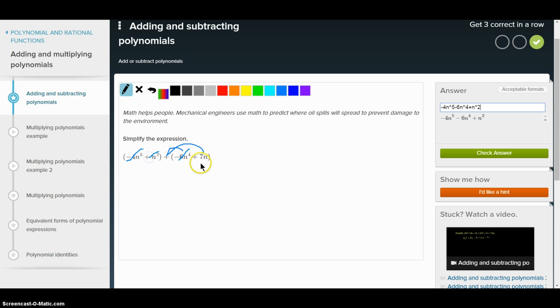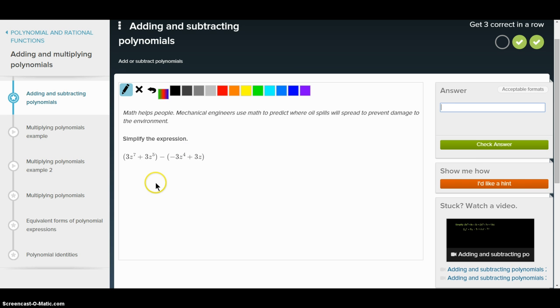And then plus 7n. That's the last term. Let's double check. That's a good idea. Okay, so negative 4n to the 5th minus 6n to the 4th plus n squared plus 7n.